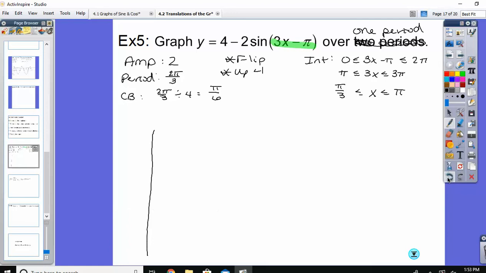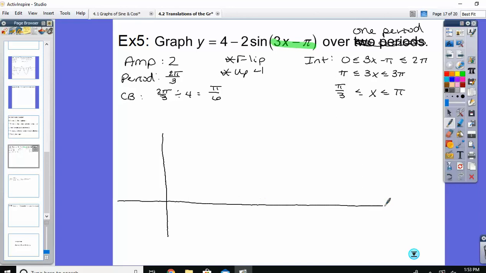Okay. Points on the x-axis, we are starting at pi over 3, that's like 60 degrees. Adding pi over 6, which is like 30. I only asked for 1 period, so you just need the 5 points.